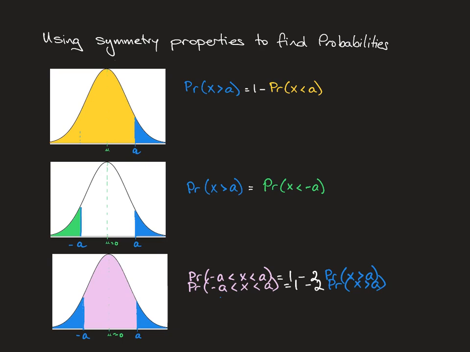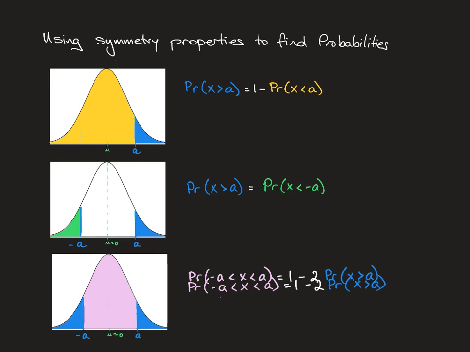This yellow section here is 1 minus the probability that x is greater than a, which is the blue section here. If your mean is equal to 0 and you've got a and negative a, then this area is the same size as this area, and so the two probabilities are equal. The probability that x is greater than a is equal to the probability that x is less than minus a.